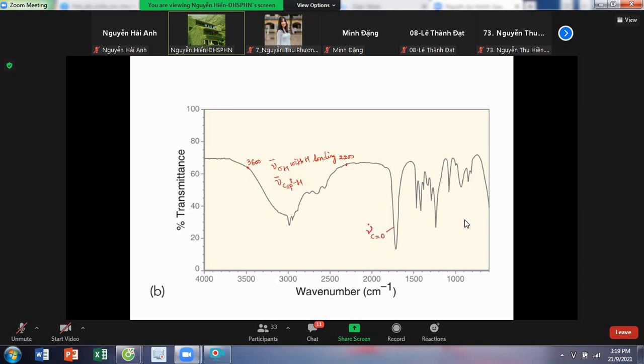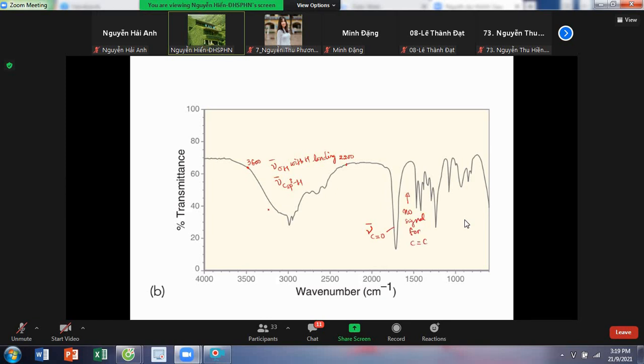And here is a strong and typical absorption of the carbonyl group. Actually we cannot say whether it is saturated or not, but it is actually saturated because you see no signals for CC double bonds.